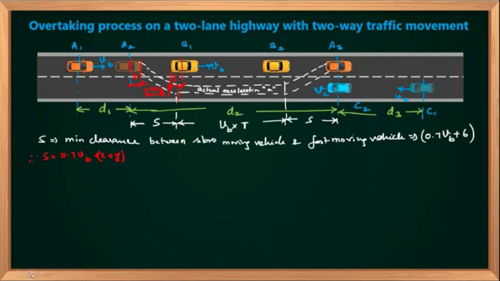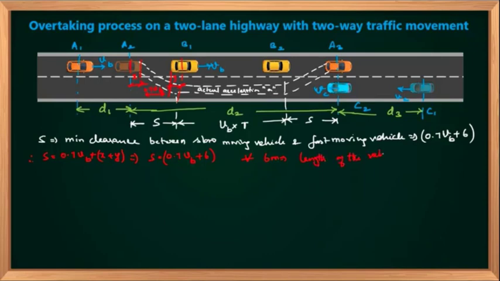On an average, the length of the axle base is taken as 6 meters. Am I clear? That's why it is 0.7 VB plus 6. For all, 6 meters implies the length of the vehicle.